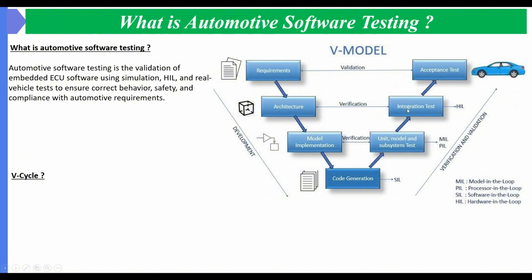In this kind of test, the goal is to verify the architecture. Okay, and we can validate the integration by using a HIL, hardware in the loop platform, and this kind of testing we can do on the bench in the lab.